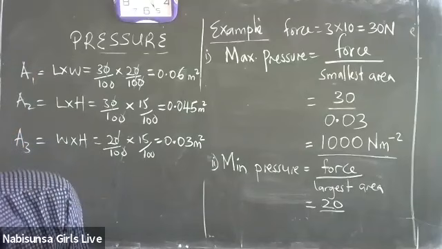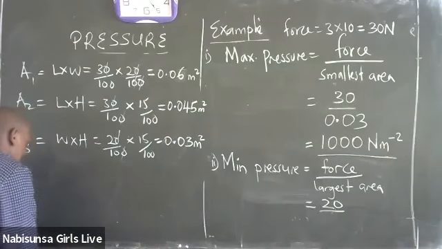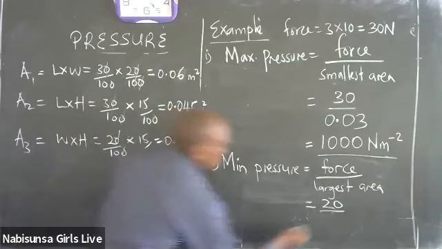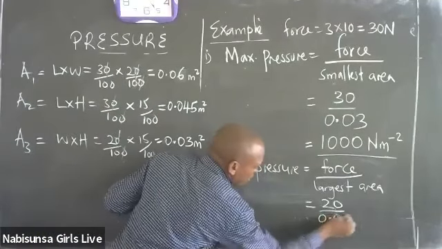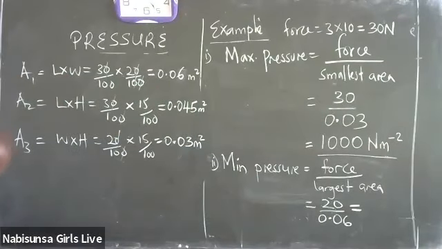Which one is the largest area from the 3 areas? 0.06. And in this case, the answer we get is 500.